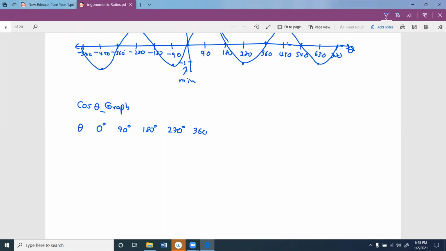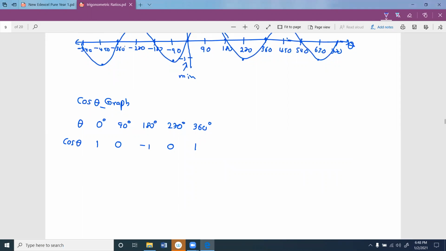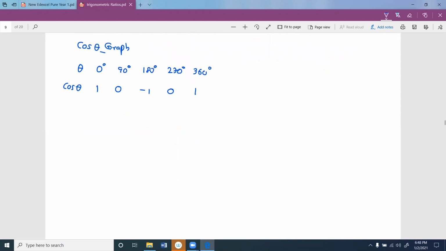Just drawing the first sequence, you can understand the relationship with cos theta. Cos 0 becomes 1, 0, minus 1, 0, 1. So there is a sequence, right? So you can just start from here.